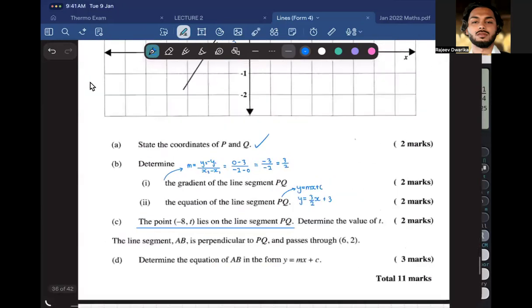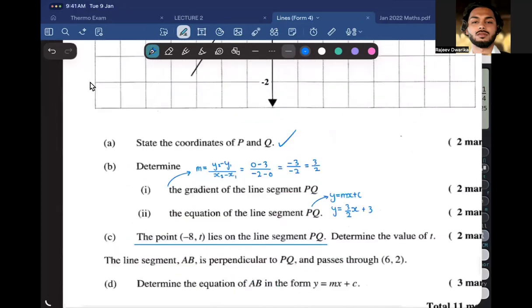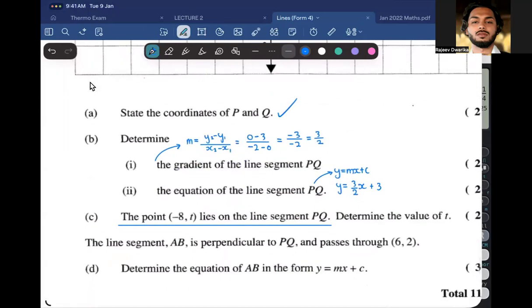What should my next move be? I'm telling you, anytime the point is lying on the line, you should probably plug it into the equation.